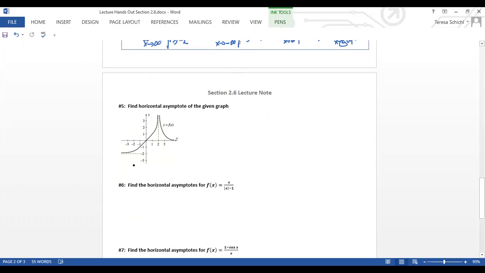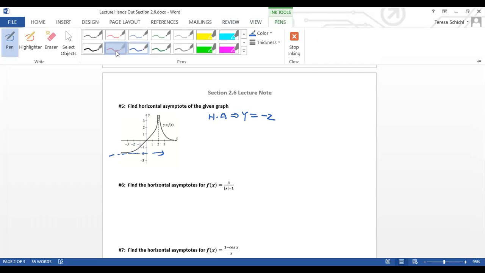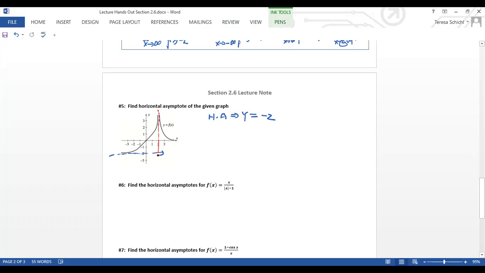So what is the horizontal asymptote here? It is y equals -2. Still remember, what is this one here? We call this the vertical asymptote. So what is the vertical asymptote? This one here is x equals 2.